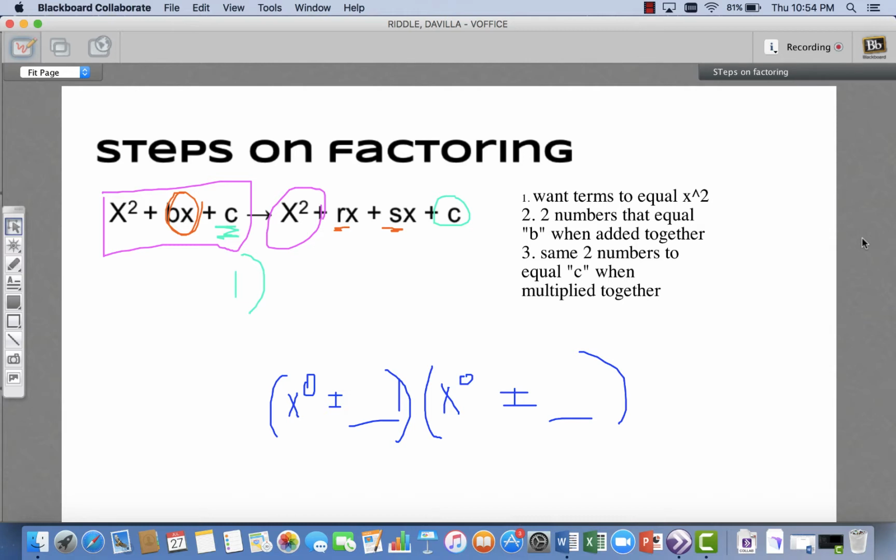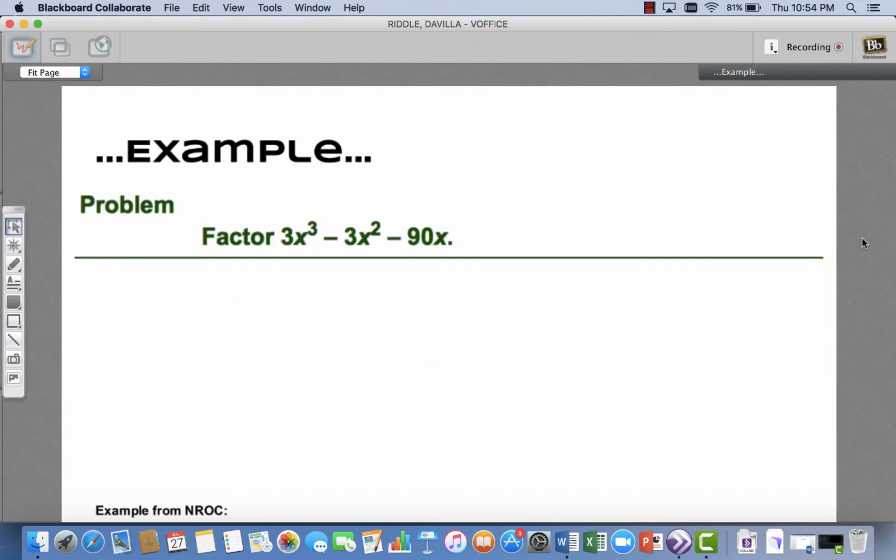And that's basically the steps on factoring. Does that make sense? Or do you have any questions? I know it can be confusing at first. Okay, awesome. We have another example coming up, so you can also practice.